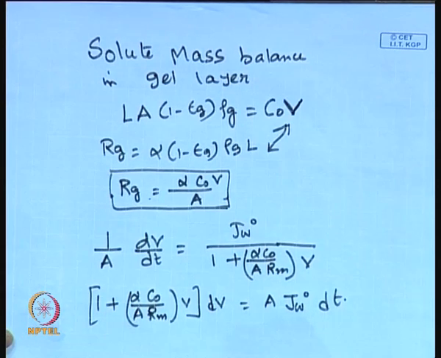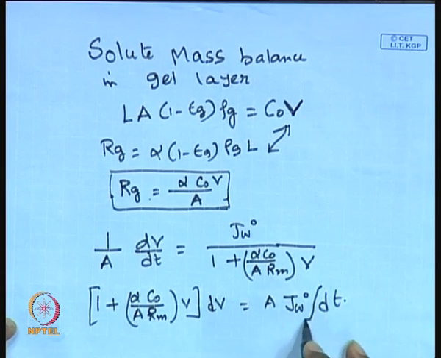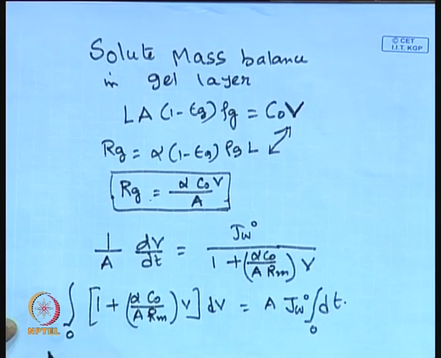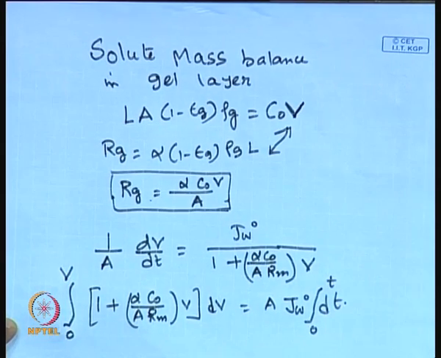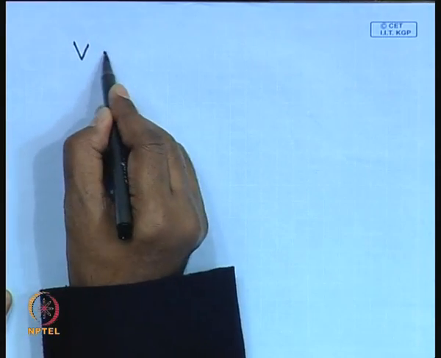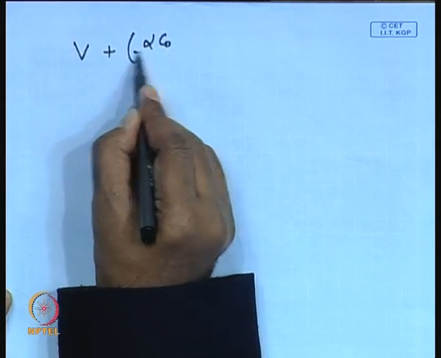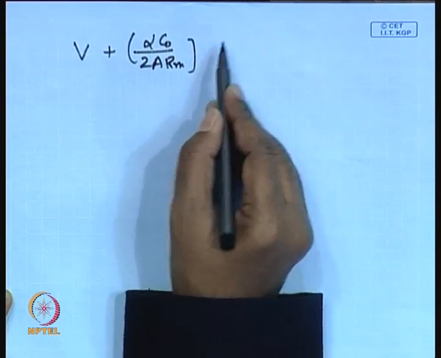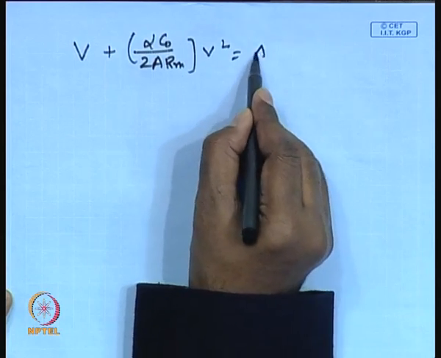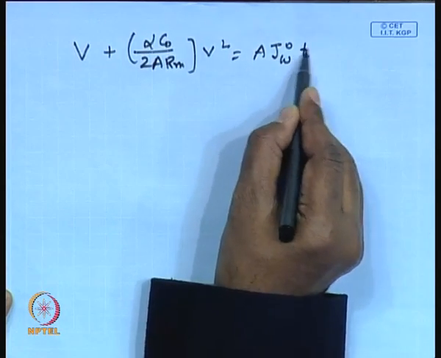Now, we can integrate it out. That means, from 0 to t: at time t is equal to 0, there is no filtrate volume; at time t is equal to t, you are getting a volume V. So, from 0 to t and 0 to V, you can integrate this equation out and see what you get. You will be getting V plus alpha C naught by 2 A Rm times V square is equal to A JW0 times t.